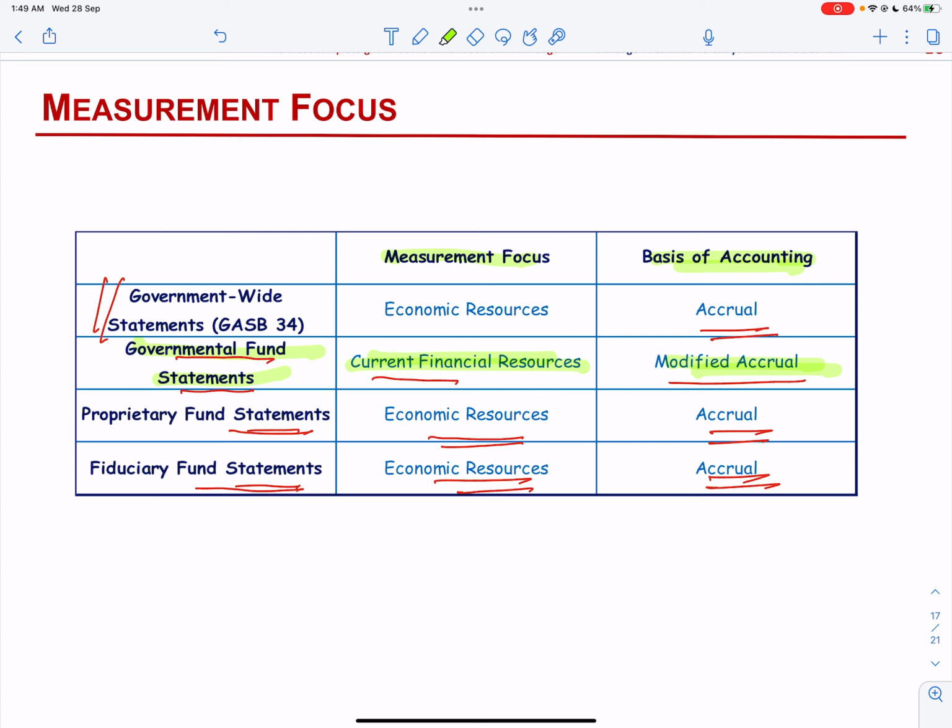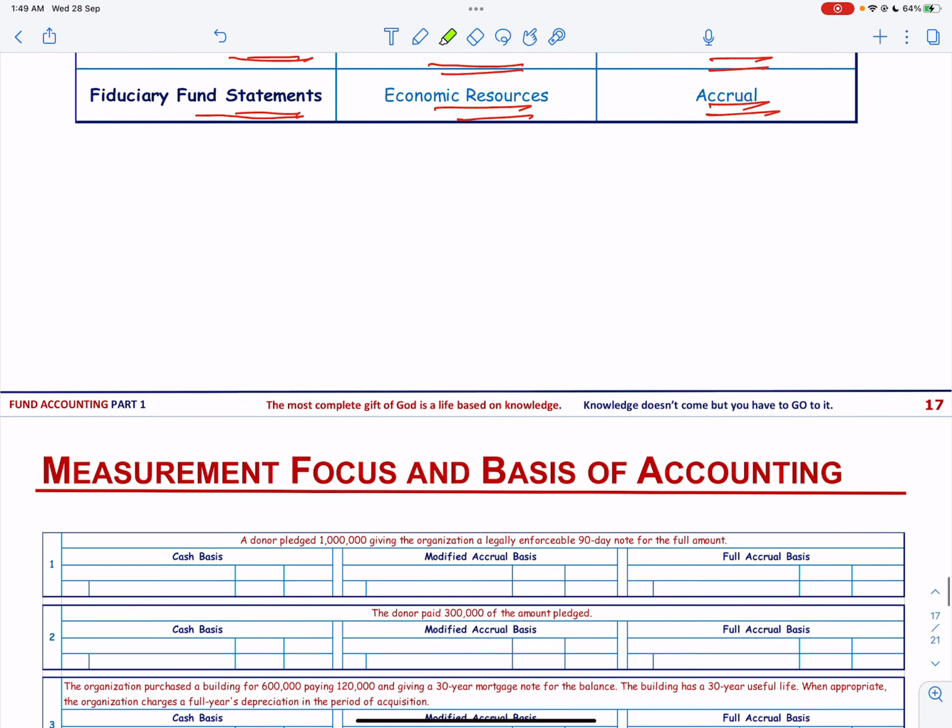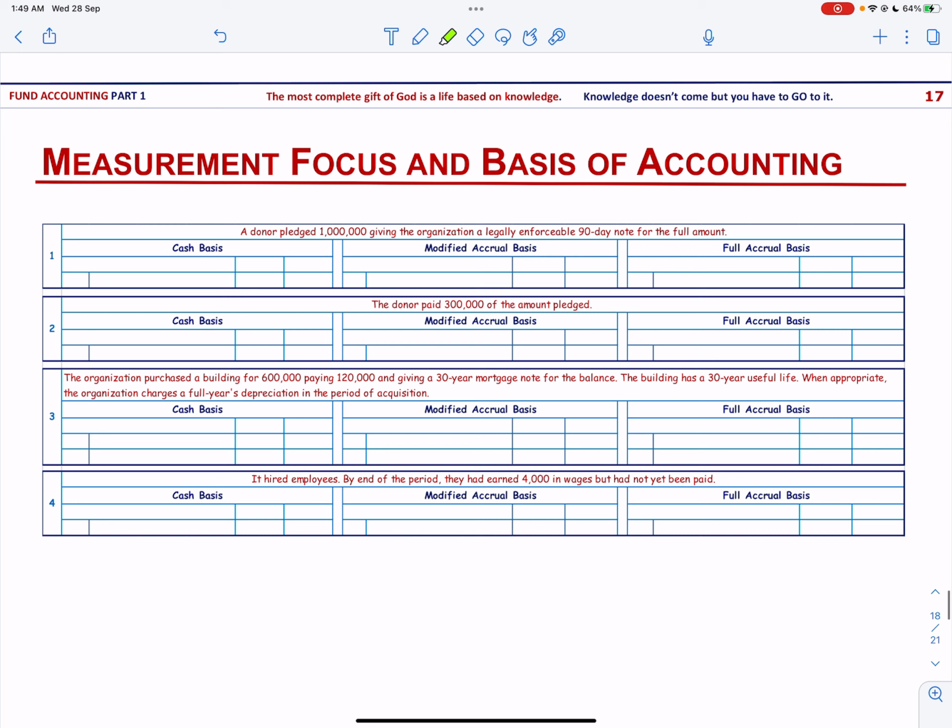Let us see how transactions are recorded on cash basis, modified accrual basis, and full accrual basis. So let us analyze the first transaction. A donor pledges 1 million, giving the organization a legally enforceable 90-day cash note for the full amount.